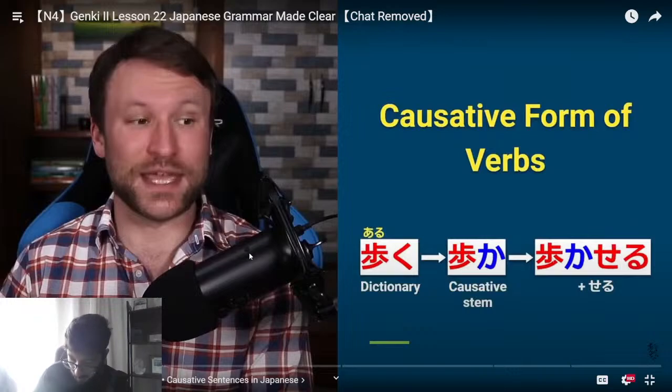Arukaseru. Aruku, dictionary form, becomes aruka, of course. Aruka plus seru makes arukaseru.